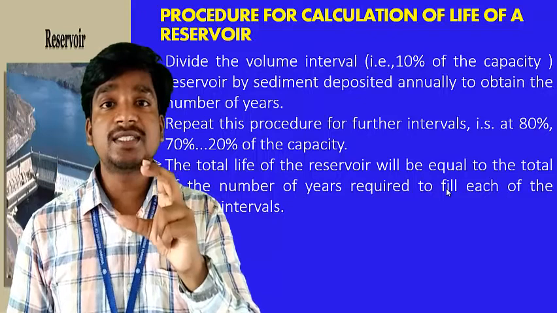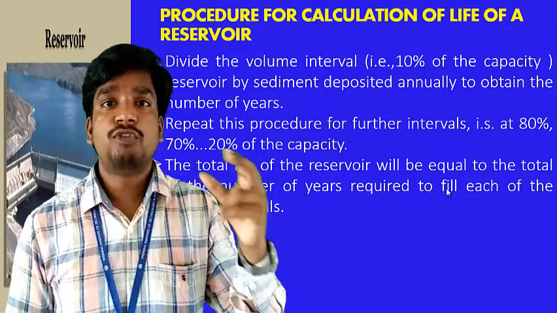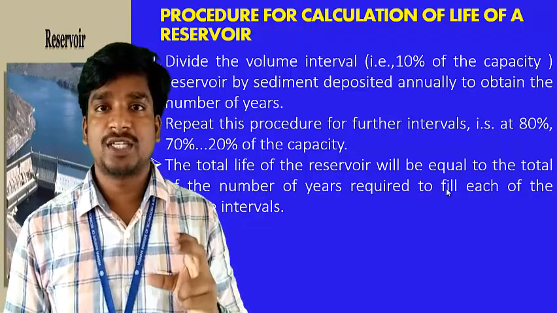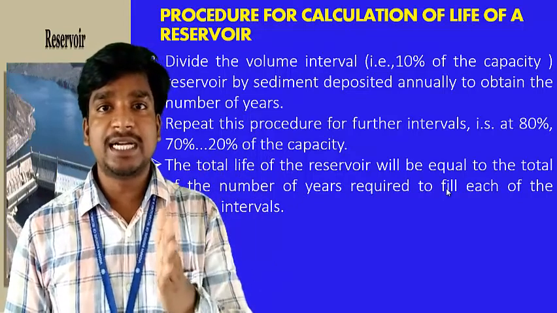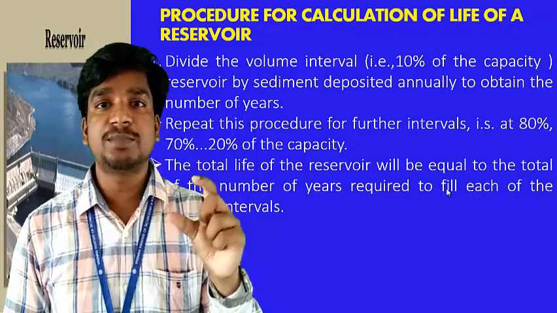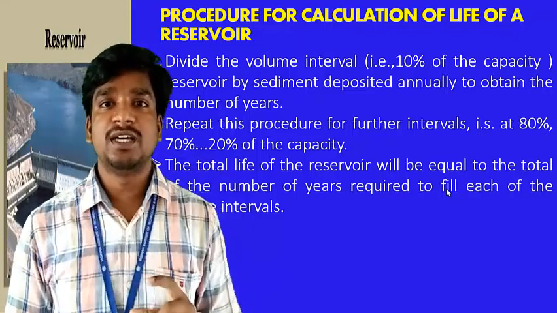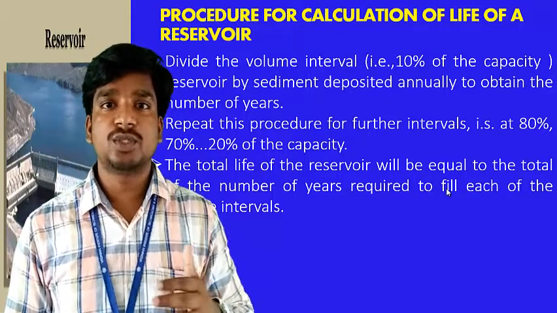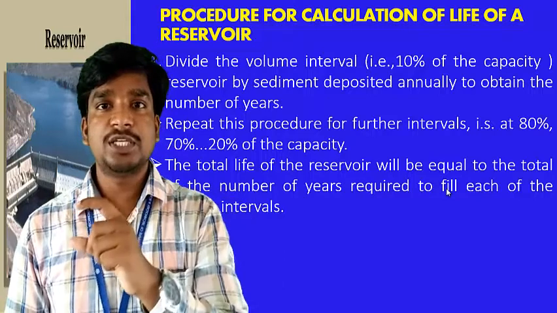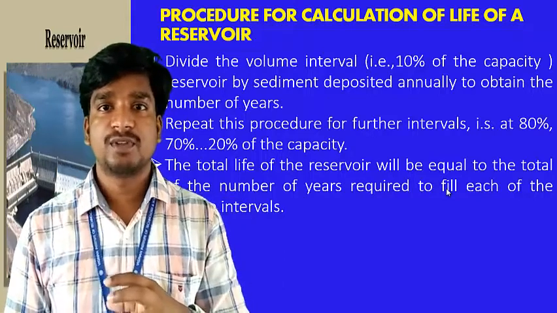Means how many years it took to form 10% of the reservoir storage capacity. Whatever silt content, 10%, is assumed, that much silt is formed in this particular period of years. So as for 10%, let us assume we get 5 or 6 years.